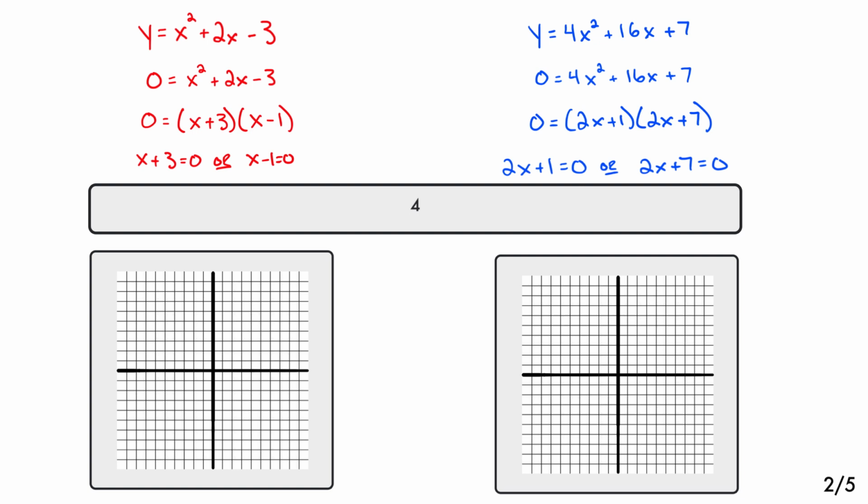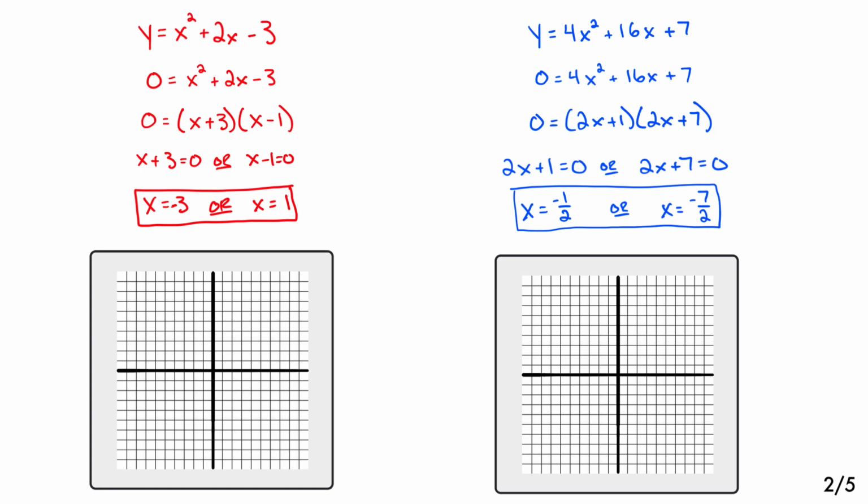For the blue one, I'd set the 2x plus 1 equal to 0 and the 2x minus 7 equal to 0. We'd solve each one of those and get our x-intercepts. For the red one, the x-intercepts would be negative 3 and positive 1, which is why if you graphed it, it would look like this. And the x-intercepts would be at negative 3 and positive 1.